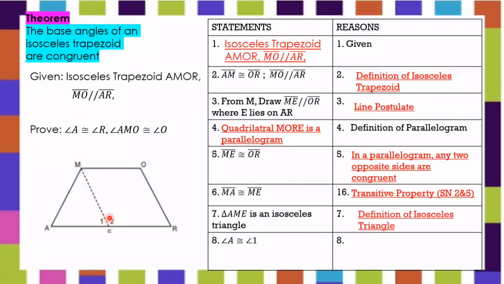So, under what reason? The definition of an isosceles triangle. Since MA is congruent to ME, so these are the legs of the given triangle. Therefore, this is considered to be an isosceles triangle. So, with that, we can say that angle A is congruent to angle 1. Under what reason? We have the base angles of an isosceles triangle are congruent. So, angle A is congruent to angle 1.